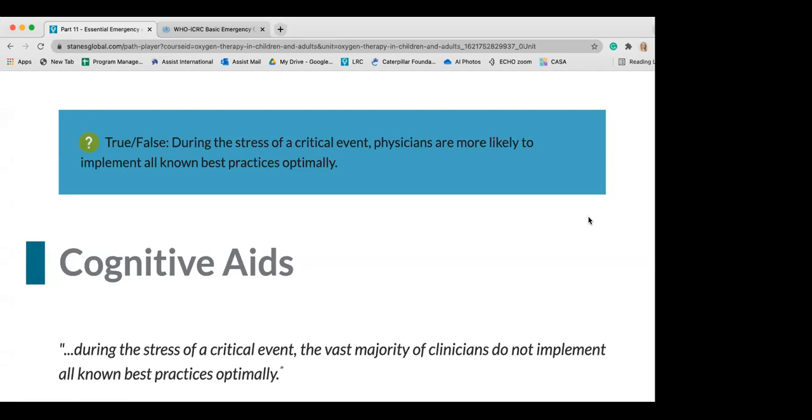Okay, interestingly, 50% think this is true. So why do you think this?